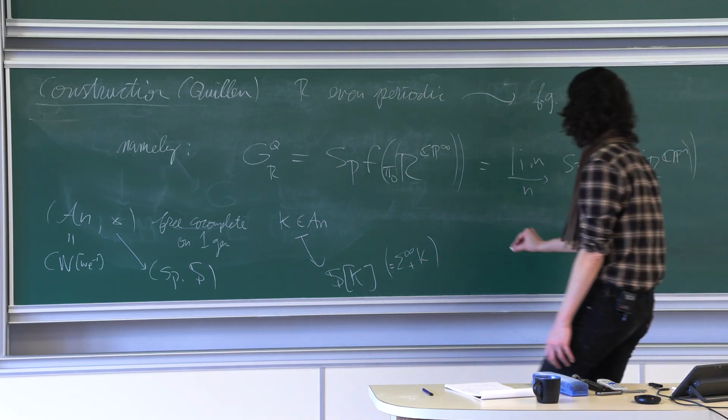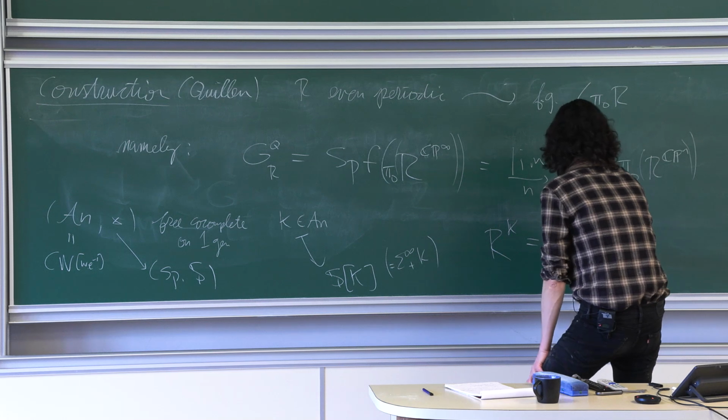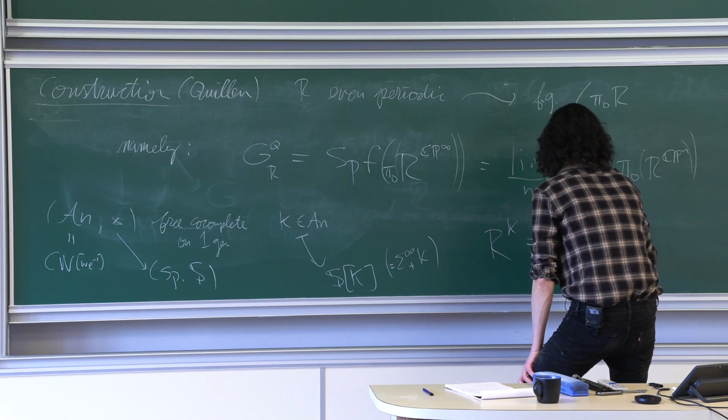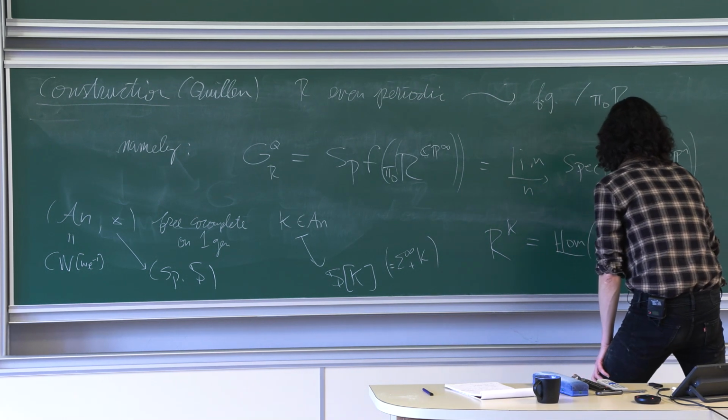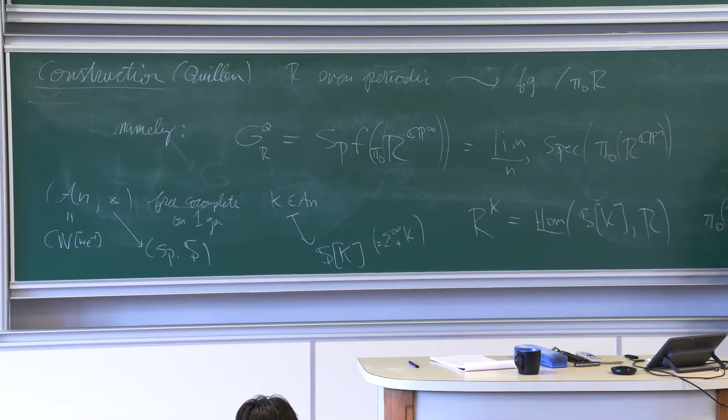And then this R to the K is going to be the internal hom from this sphere bracket K to R. So pi 0 of R to the K is the degree 0 cohomology of K according to the theory.